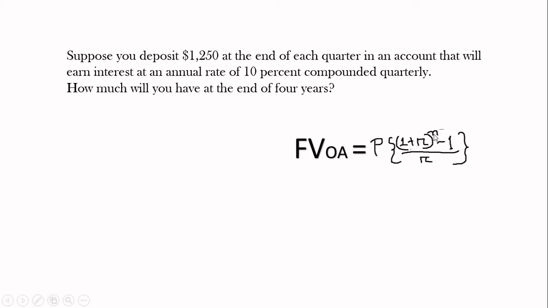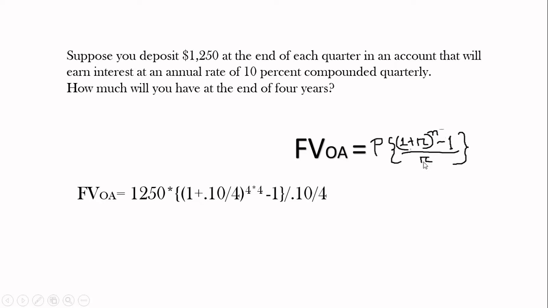So this n will be multiplied by 4 because it's compounded quarterly, and this r again will be divided by 4. According to the formula, the payment is 1250 and the interest rate is 10%, divided by 4 because it's compounded quarterly. If it said compounded semi-annually, then semi-annually means 2, so r would be divided by 2 and n would be multiplied by 2.